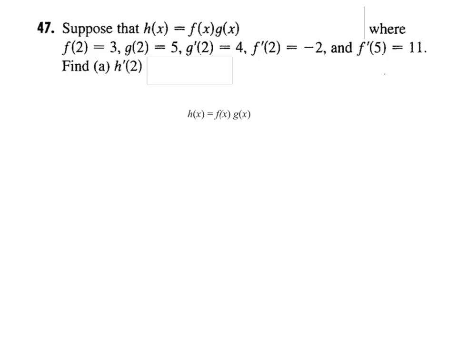So off to the side, let me put some important information. In this one, u is equal to f of x, and v is equal to g of x. Okay, then to show u prime and v prime, I'll use that prime notation for both f and g.